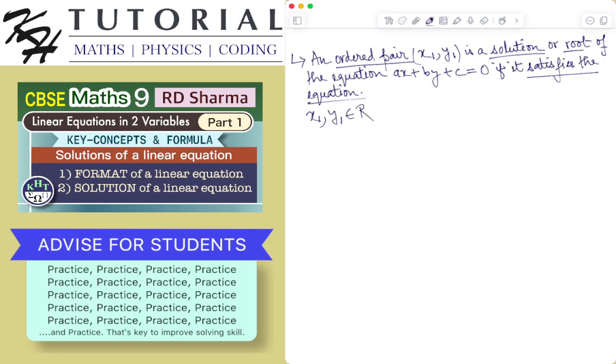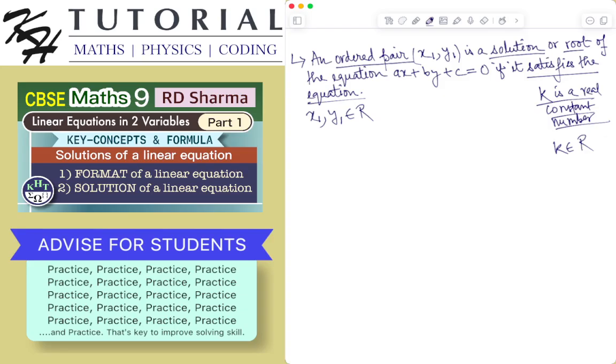Whenever I mean to say that any number k is a real constant number, mathematically I will write this as k belongs to capital R. Capital R represents the set of all real numbers.